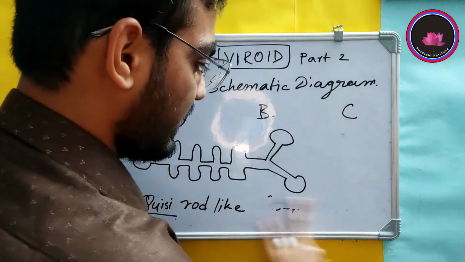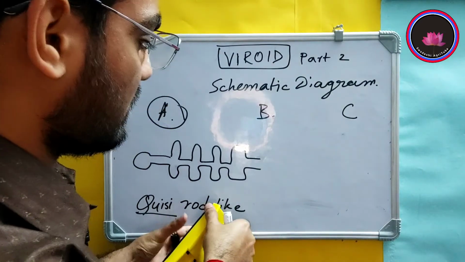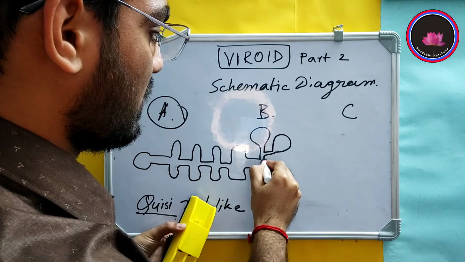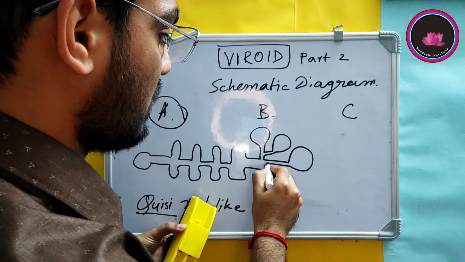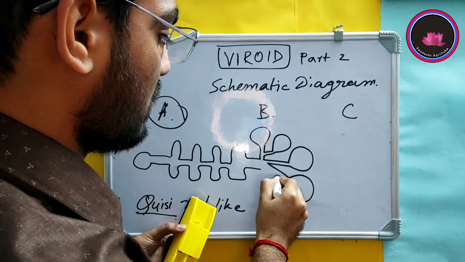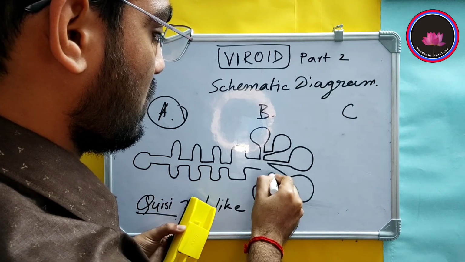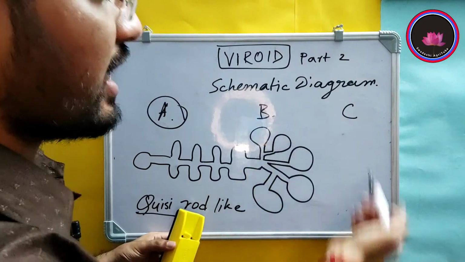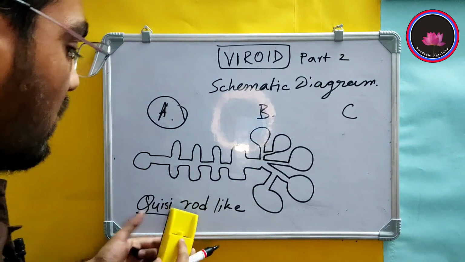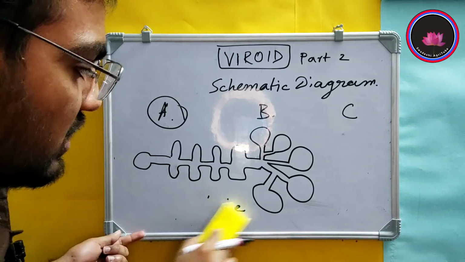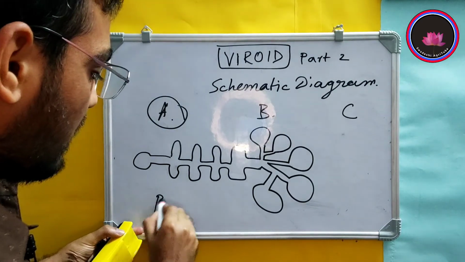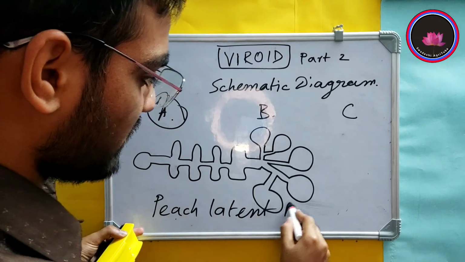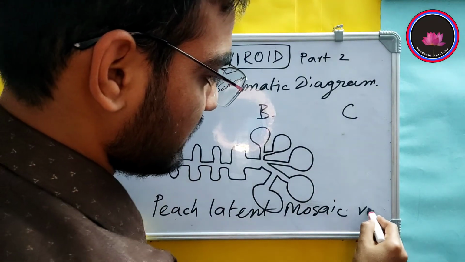But when there is a more complex structure like this, this is another kind of viroid structure, and this is called a complex branching structure, and this is found in the peach latent mosaic viroid.